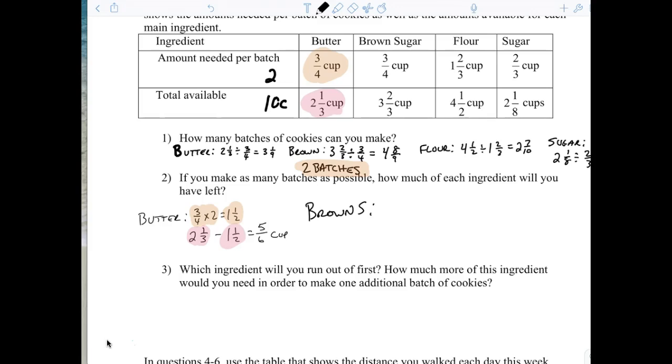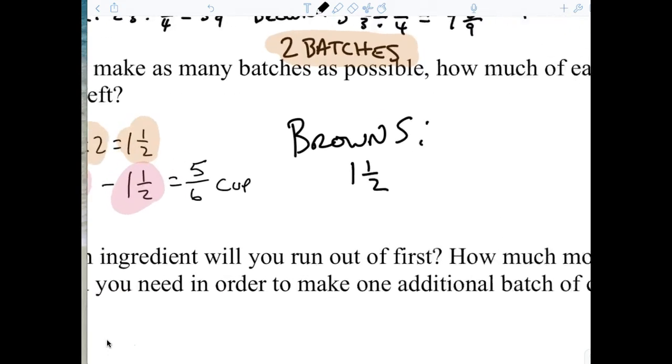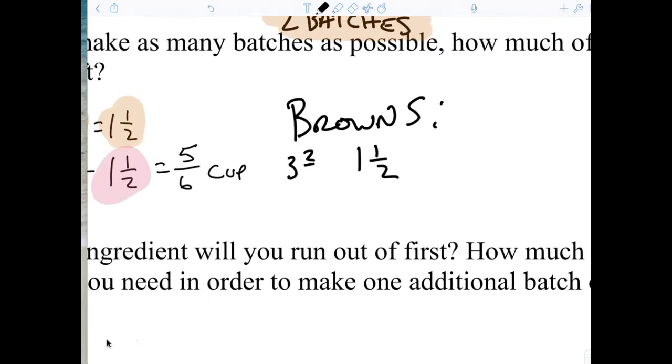Right. So it would be 1 1/2. So you used 1 1/2. That was exactly the way I should have said it. All right, it's the same as what? Butter. So I've used 1 1/2 cups. So how much brown sugar do I have left? What would I have to do? You have to take the 3 2/3 and then subtract it by 1 1/2. And you tell me what that answer is.